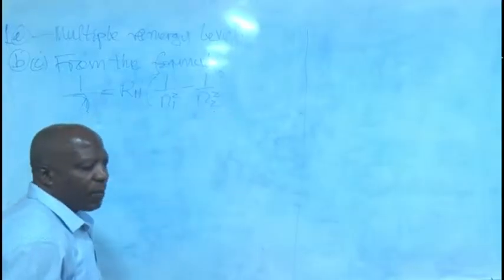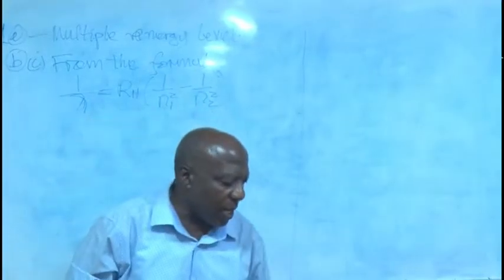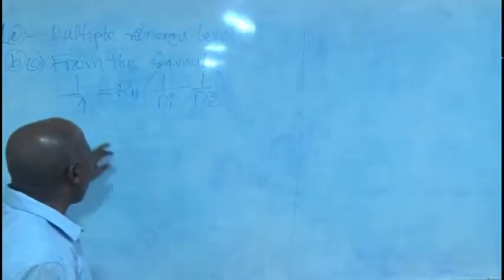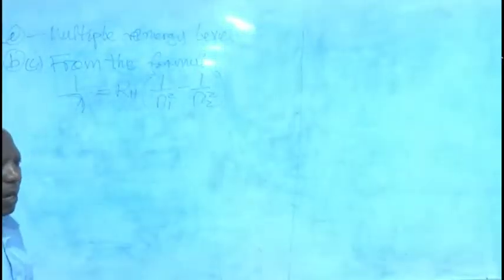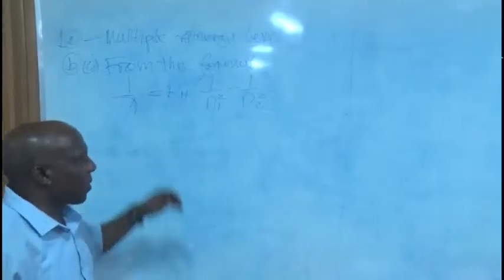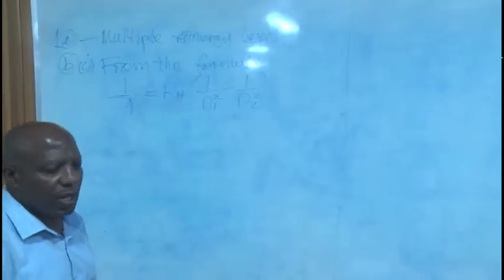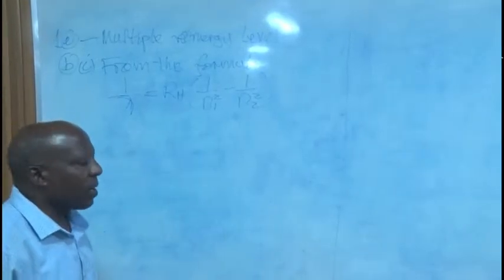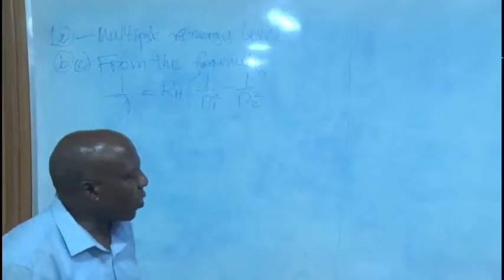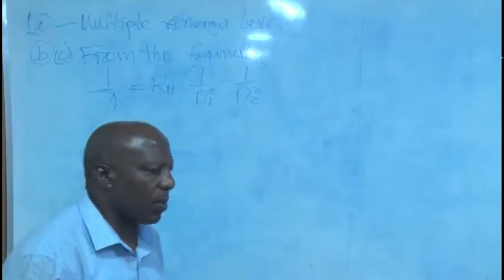This is the formula we are going to apply to calculate the wavelength when an electron moves from n equals 4 to n equals 2 for the hydrogen atom.